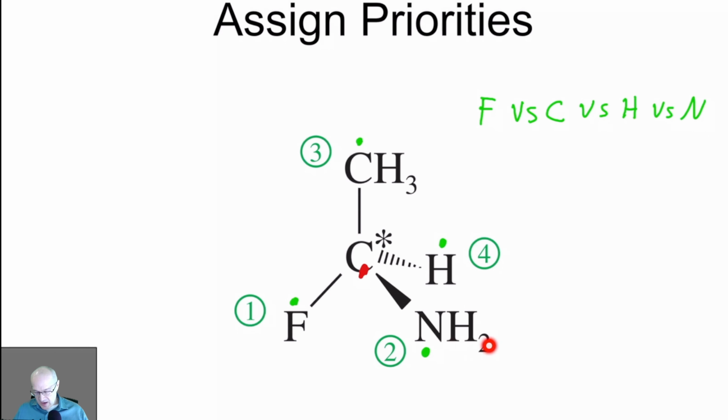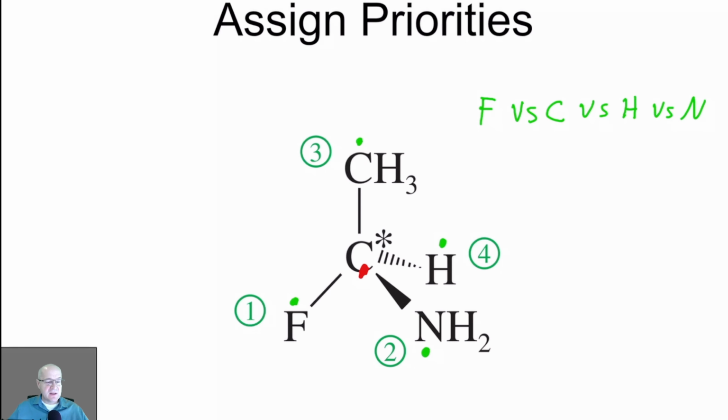I don't care about the hydrogens on here, I only care about the nitrogen, fluorine, carbon, and hydrogen. That's all I care about. Don't worry about the atomic weights of the groups, don't worry about any of that nonsense. Only worry about the atoms you're on. So you jump out one atom in each direction of bonds. I find that I'm on a fluorine, a carbon, a hydrogen, and a nitrogen. So now I consider these four and these four only.